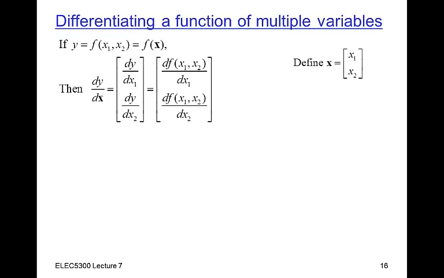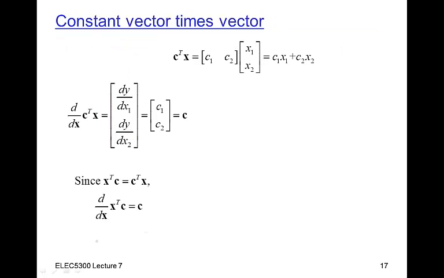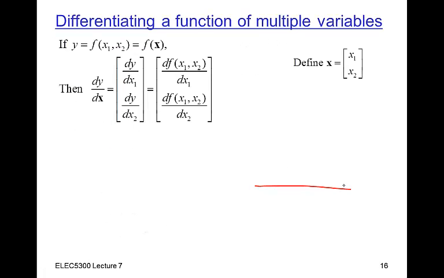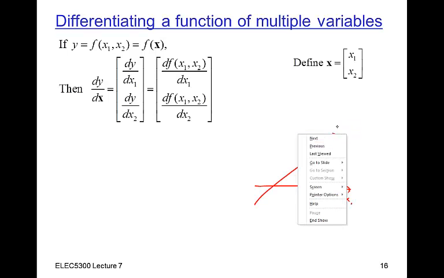We'll look at the simplest case, and so instead of looking at a single variable, for example, y is equal to f of x, we'll look at y is equal to f of x1 and x2.